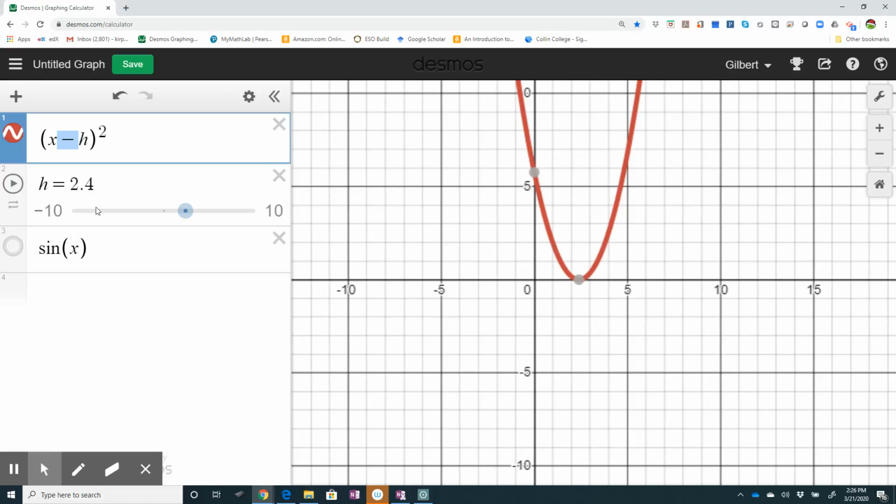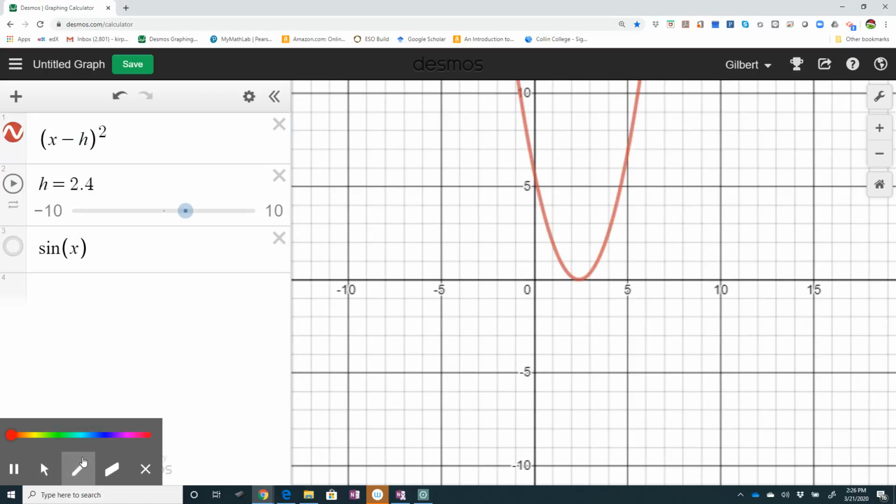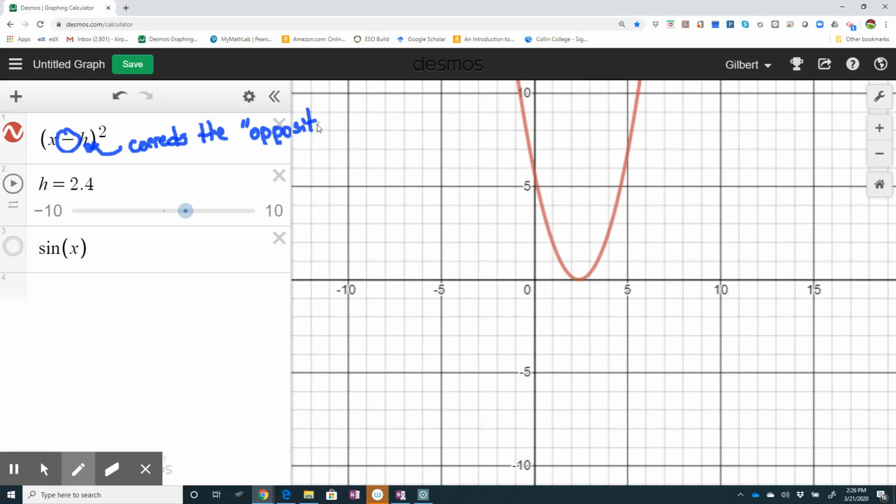And well, that's right, I can write on the screen. So this minus sign corrects the opposite behavior. I can't spell opposite, don't judge me.